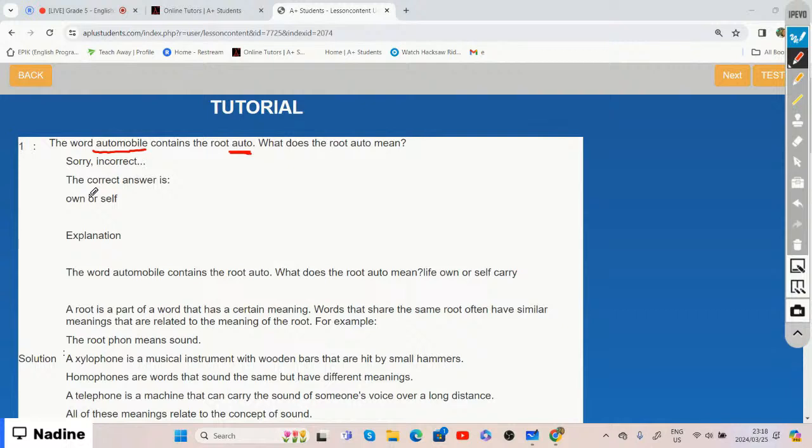But now, what is an automobile? Or let's say, what do you think the meaning of the word auto is?